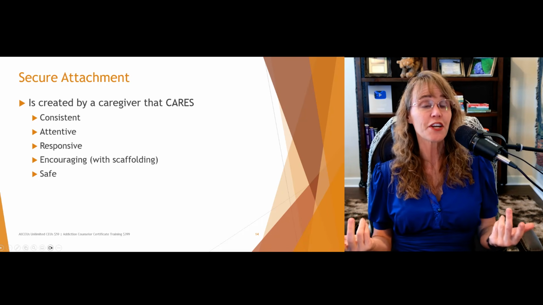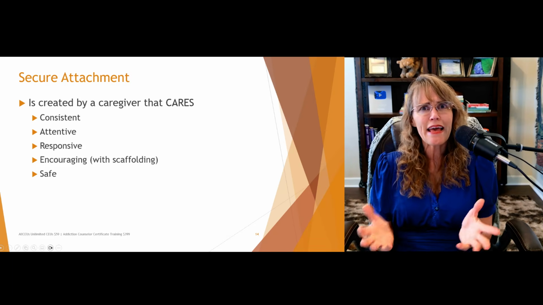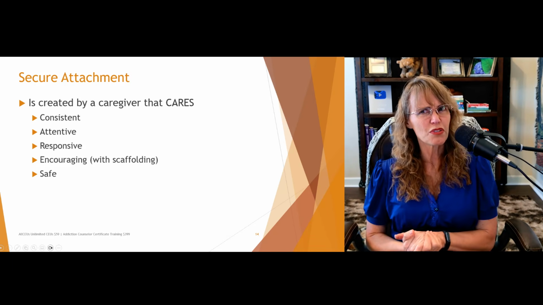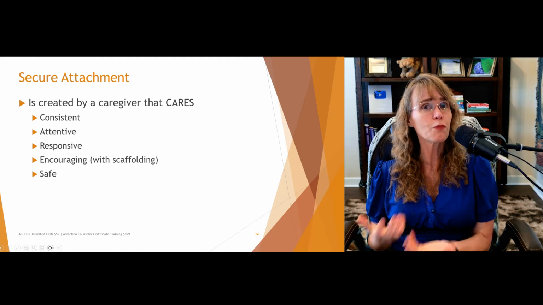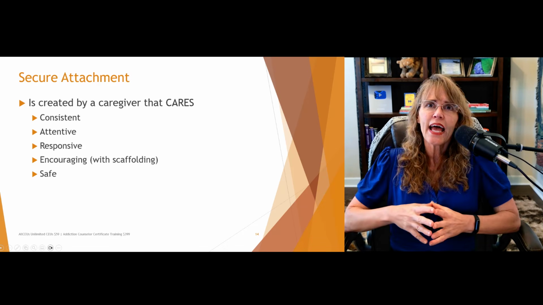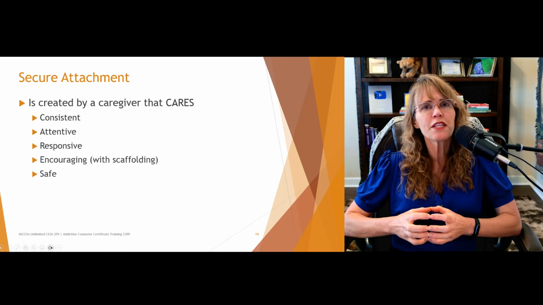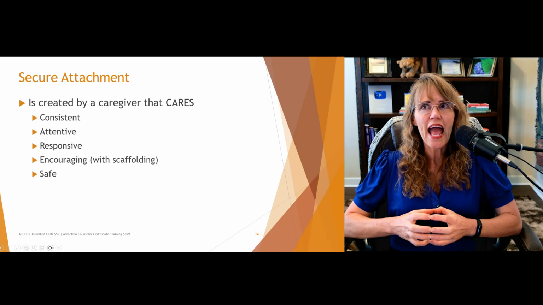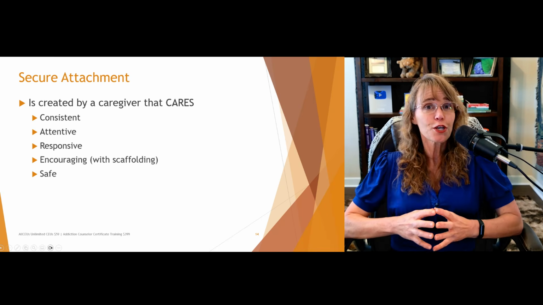I'm worthy of their energy. And when they have a bad day, the caregiver says, hey, I see that you're acting kind of down. You seem like you're feeling kind of down. You want to tell me what's going on? And that helps the child start developing their emotional vocabulary and being able to communicate, imagine that, communicate their needs to others.